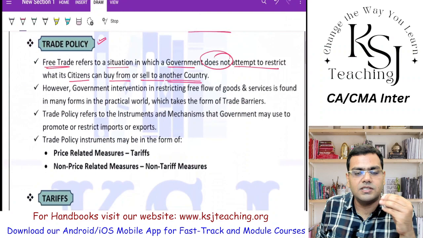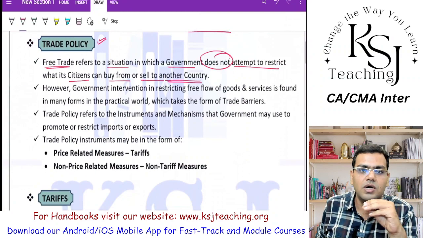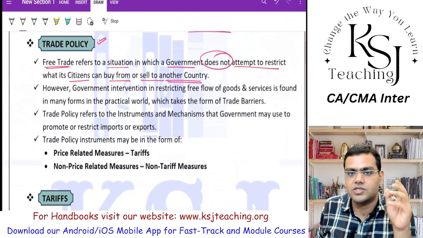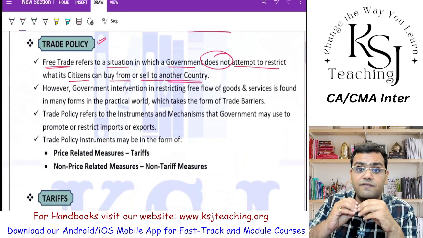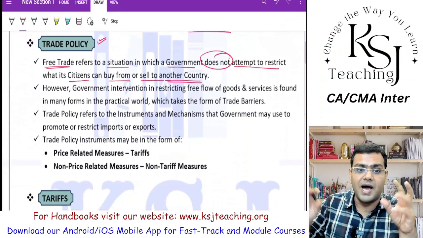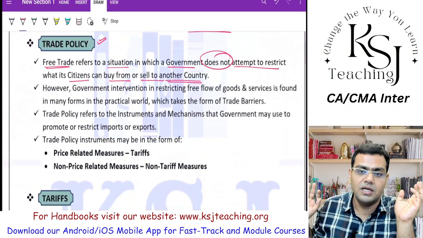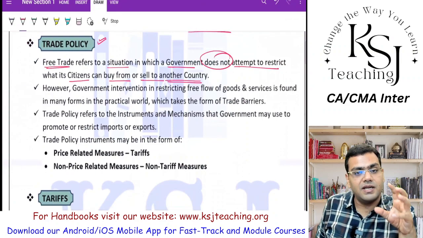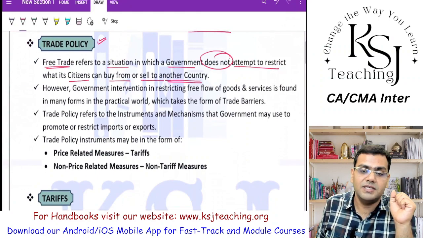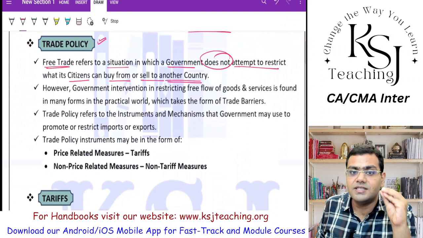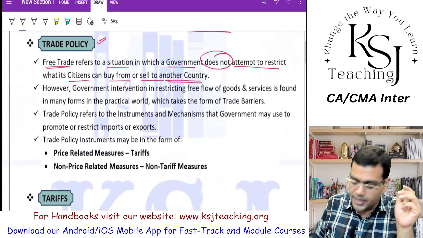So he says one situation is free trade, that the citizens are absolutely free. There is no government intervention. There is no government restriction of any sort, nothing at all. You are absolutely free to do any kind of trade, buy, sell, whatever you wish to do with another country. But it poses practical problems for any economy. He says the government intervention is required anyhow, right?